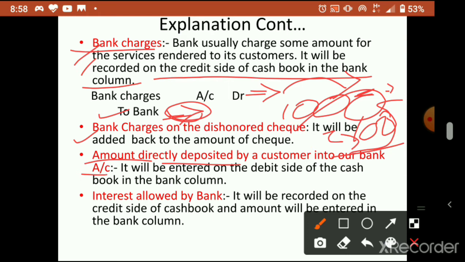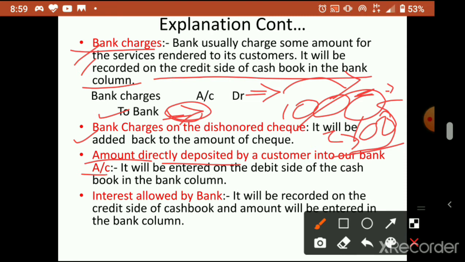Sometimes if I'm not checking my account balance or bank statement, or if you are not informing me, I will not come to know about that. I have to check always. If a customer deposited directly into the bank and the bank informs me, or when I check my account balance I come to know, that also increases my account balance.